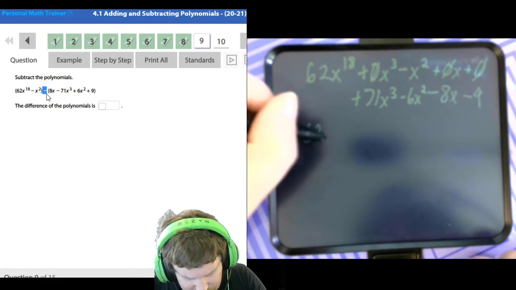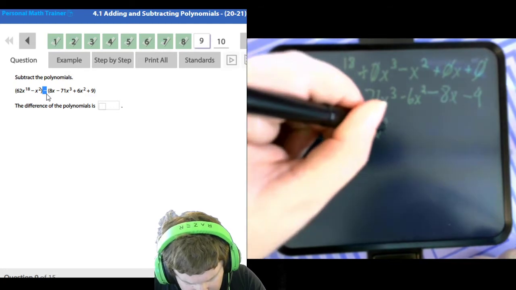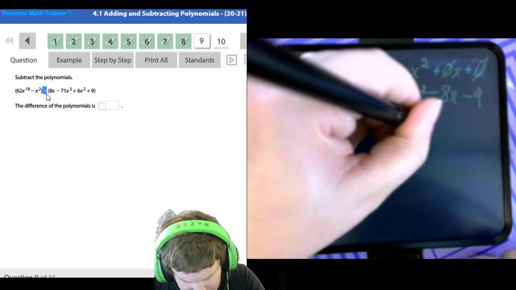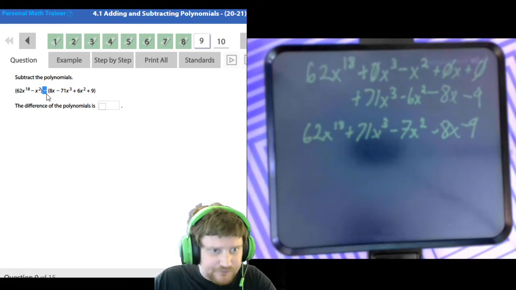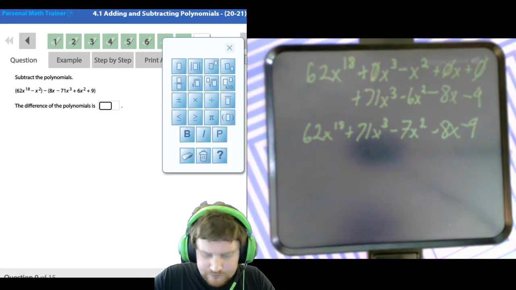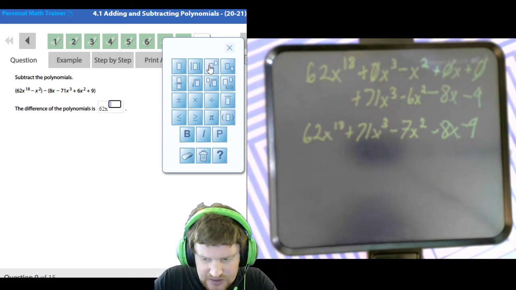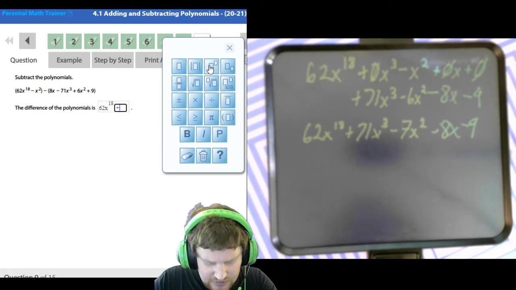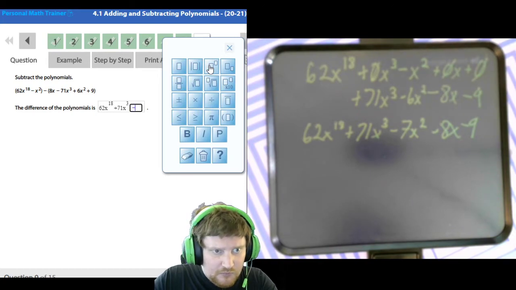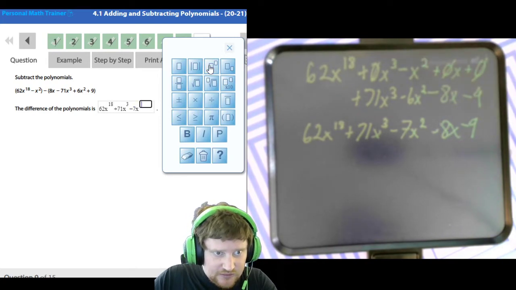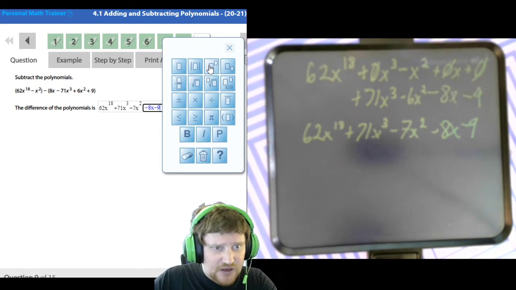So 62x to the 18th plus 71x cubed minus 7x squared minus 8x minus 9. 62x raised to the 18th plus 71x cubed minus 7x squared minus 8x minus 9.